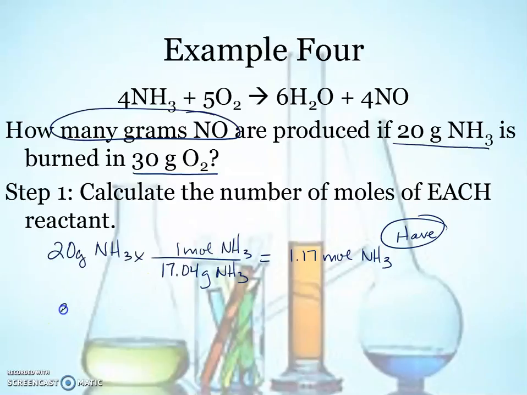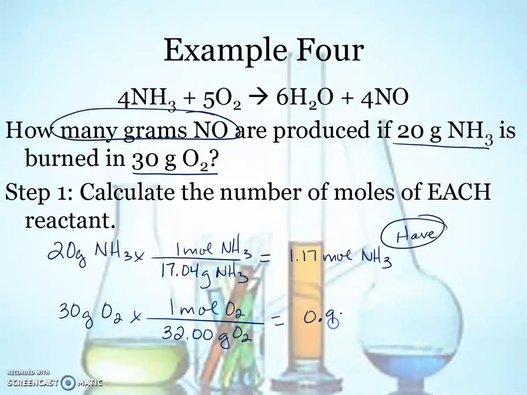All right, well, what about our oxygen? We have 30 grams of oxygen. We're going to change that to moles of oxygen, and since it's O2, it's going to be 2 oxygens, so 32.0 grams of O2. Okay, when we plug that into the calculator, we get 0.9375 moles of O2. And remember, this is how much we have. Well, let's keep going.